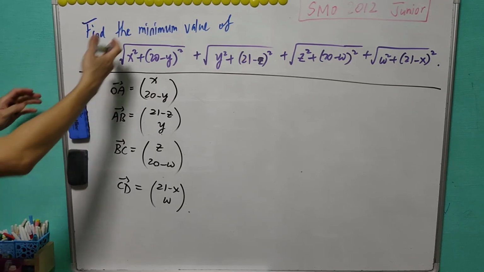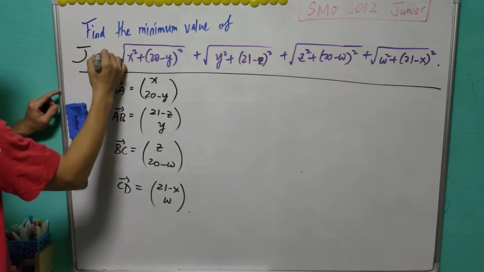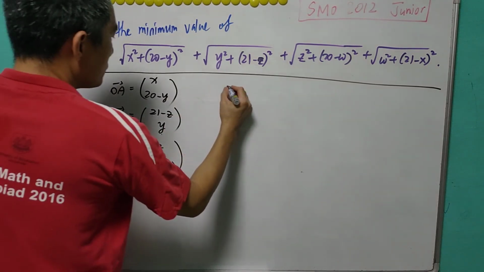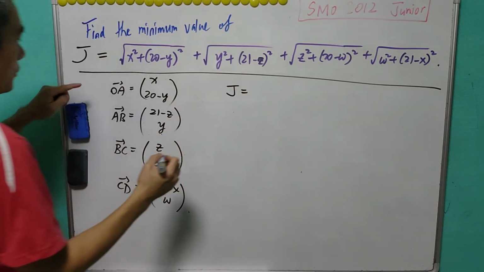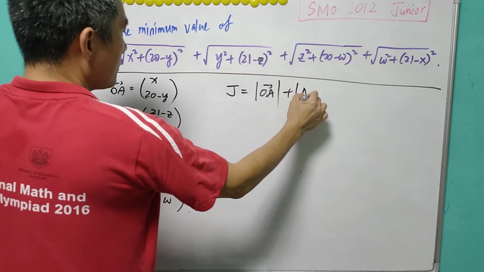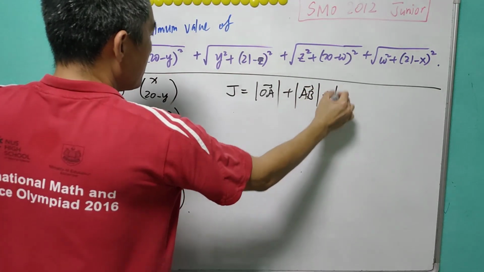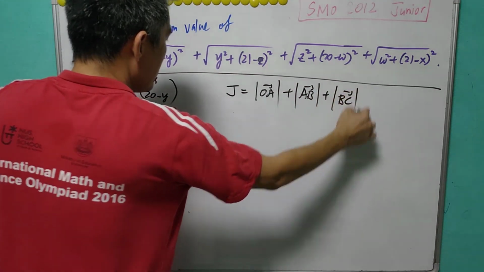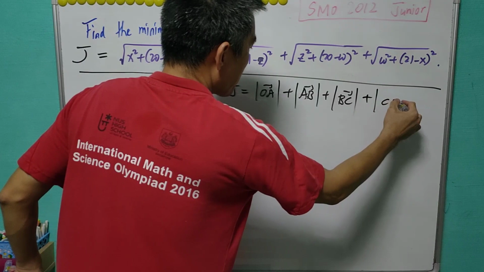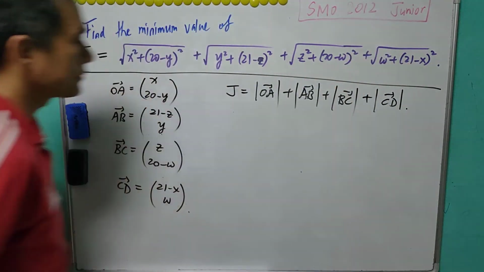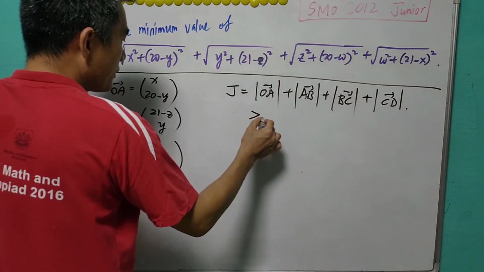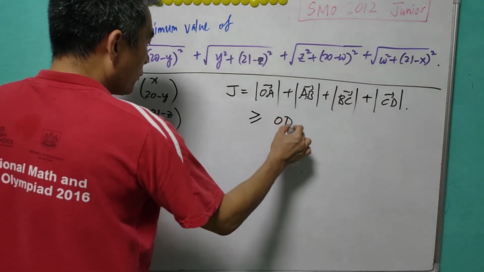So let's say this expression is equal to J. Then we'll see that J is just equal to the length of OA plus the length of AB plus the length of BC plus the length of CD. And using the triangle inequality, we know that this will be greater than or equal to the length of OD.